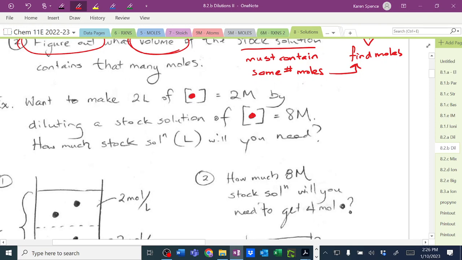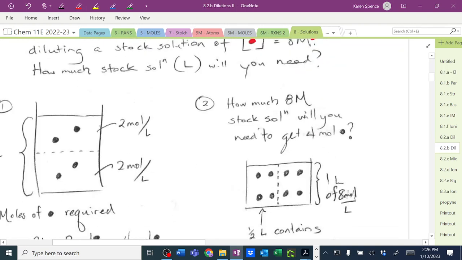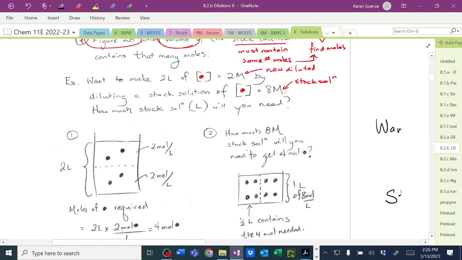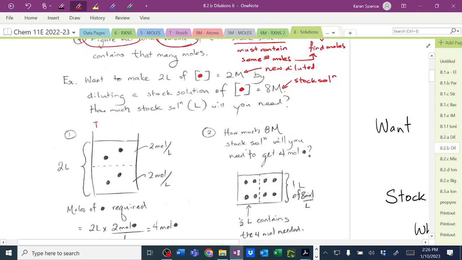So we have the more concentrated stock solution, and then we have our new diluted solution. So here's our stock solution, or no, actually this is our diluted solution. This is how much we need. We want to have 2 liters.